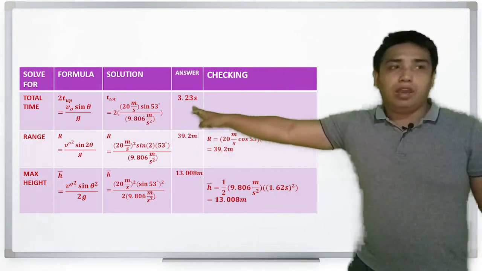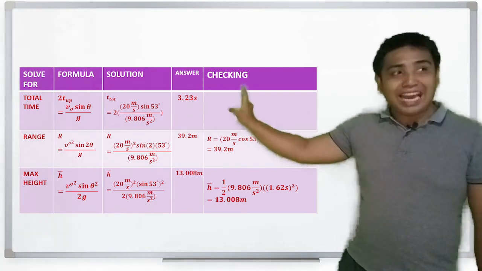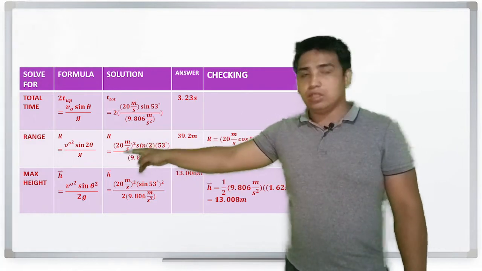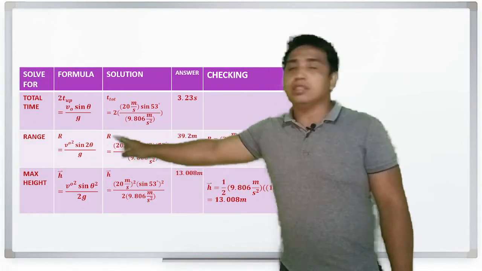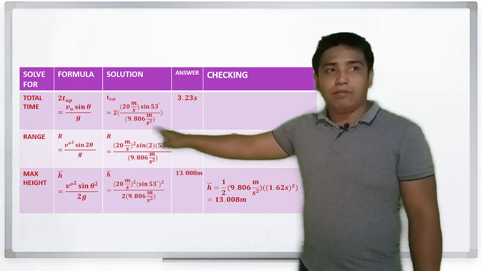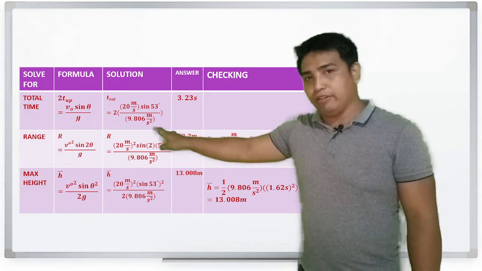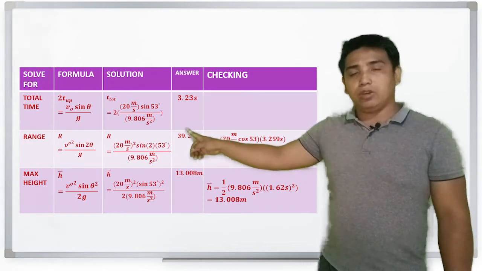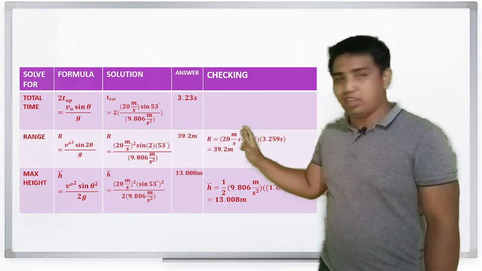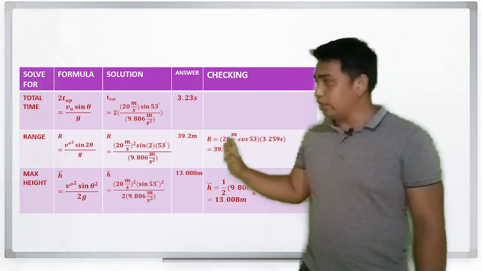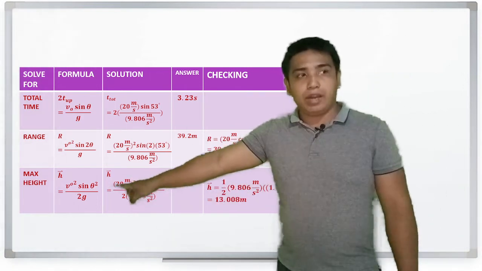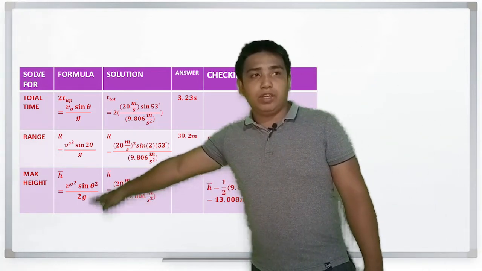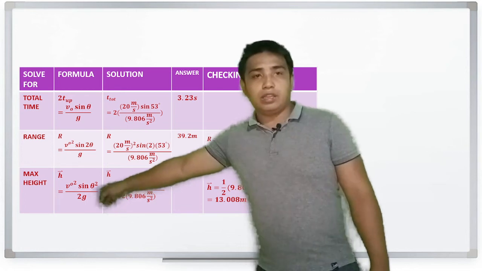We do not have any available manner of checking for that. However, we were able to find the range using this formula, and we found out that the ball traveled 39.2 meters in the x-axis. Checking, you can use the other formula, and it will give you the same answer. You were also asked to find the maximum height, which is found using V0 squared sine squared theta over 2g.